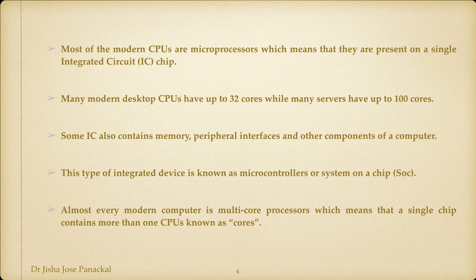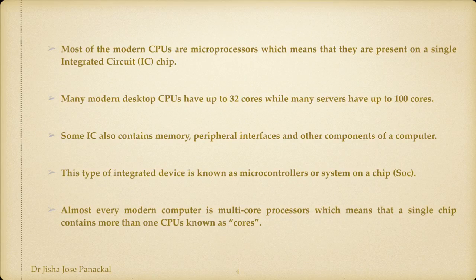Most of the modern CPUs are microprocessors, which means that they are present on a single integrated circuit, that is shortly called as IC. Many modern desktop CPUs have up to 32 cores, while many servers have up to 100 cores.